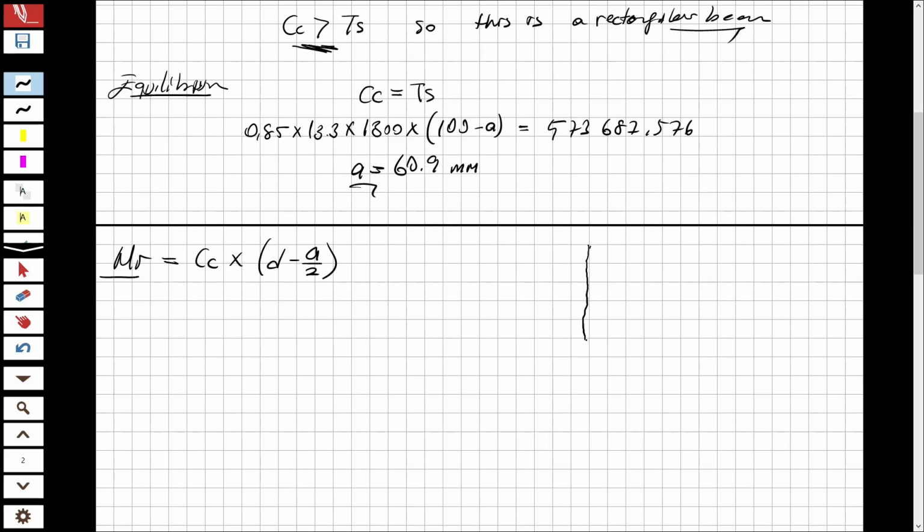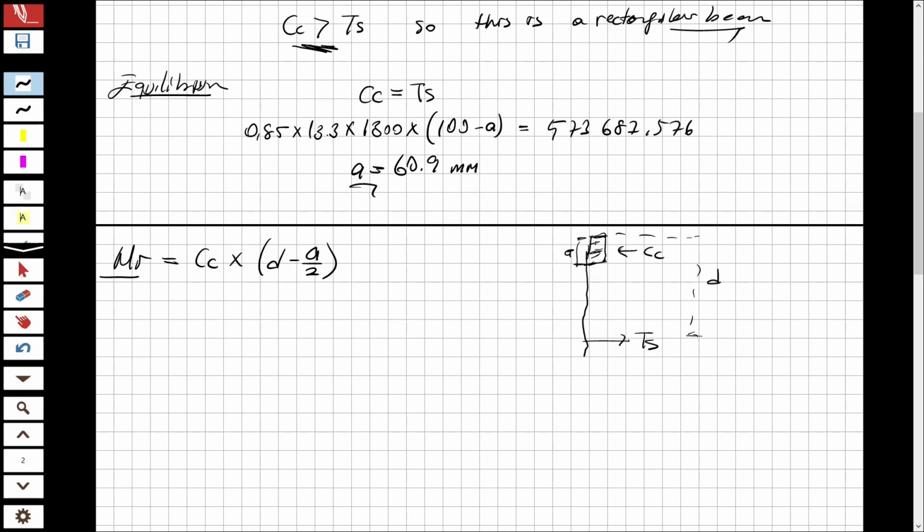I told you that it's going to behave like a normal rectangular beam. So for example, this is the effective concrete block. Okay, this length is A, and this total length until that point is D. And now this is the compression concrete.